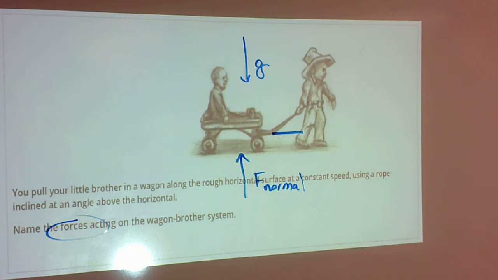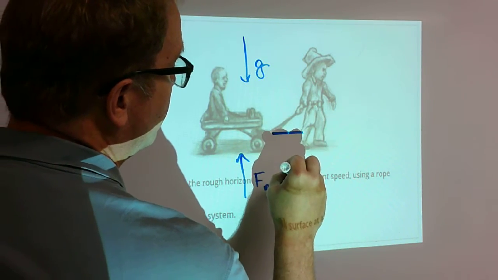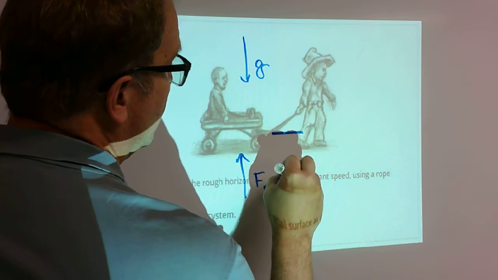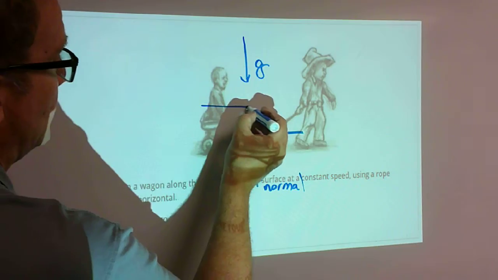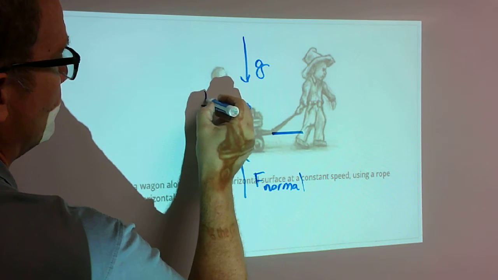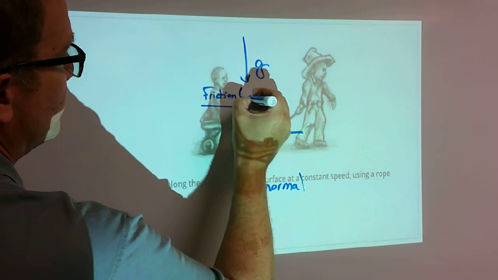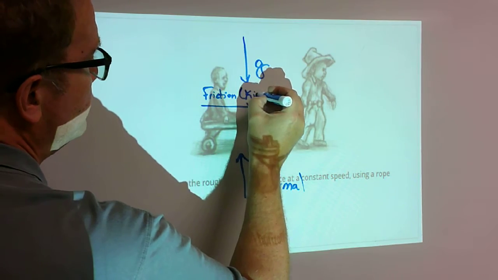We also have other forces. Now, it says that you are moving at a constant speed. So basically, if you're moving at a constant speed, you can look at this as being your static friction force and your kinetic friction force. So this is going to be your friction, and that's going to be your kinetic one.